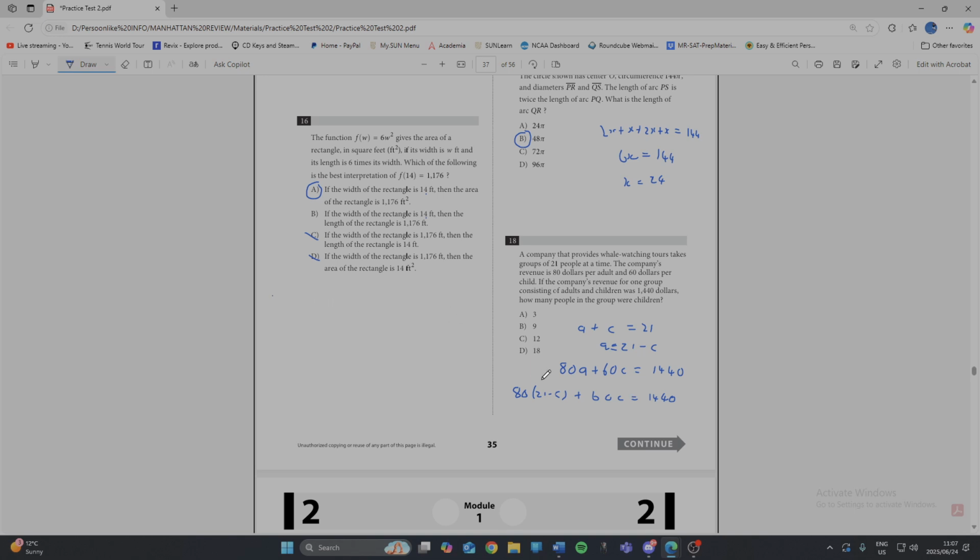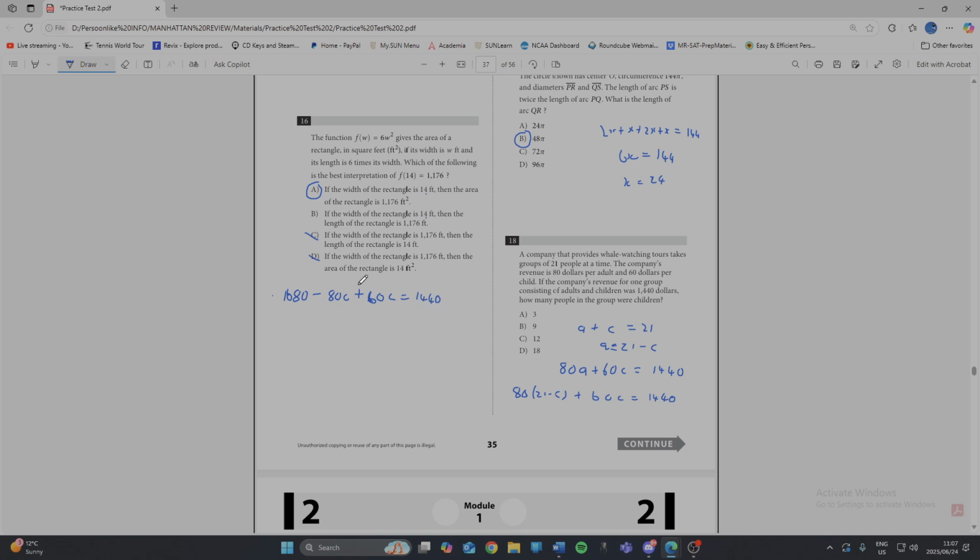Okay, I'll continue with this question here on the left hand side. So 80 times 21 is equal to 1,680, and then minus 80C if we multiply out those brackets, and then plus 60C equals 1440.